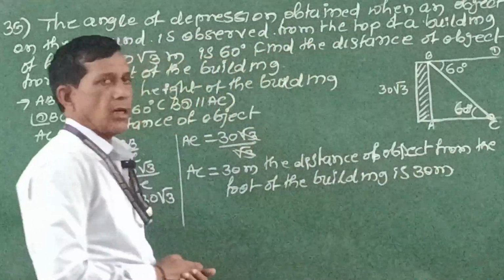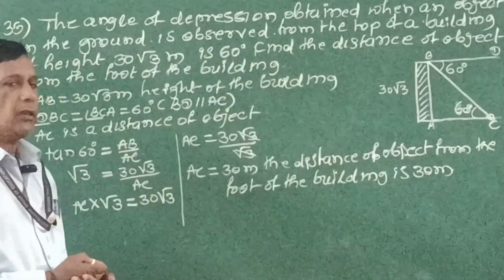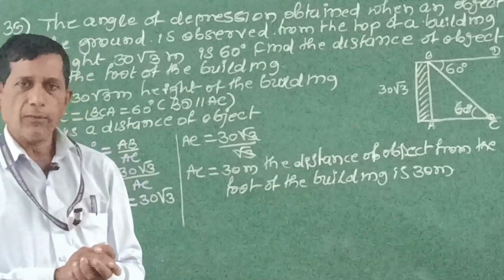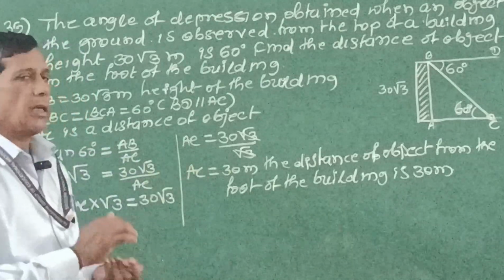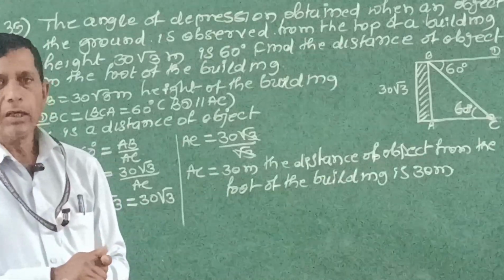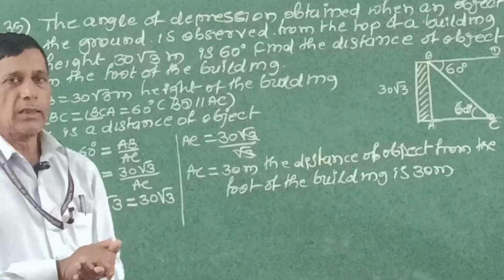So that is the answer of the given 35th question. That question is easy. Practice it, because this question is important for your board examination, so dear students, please practice that question.